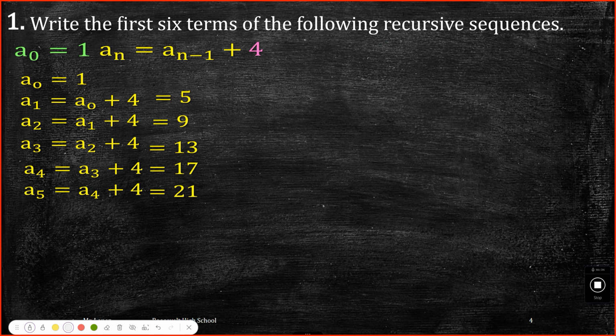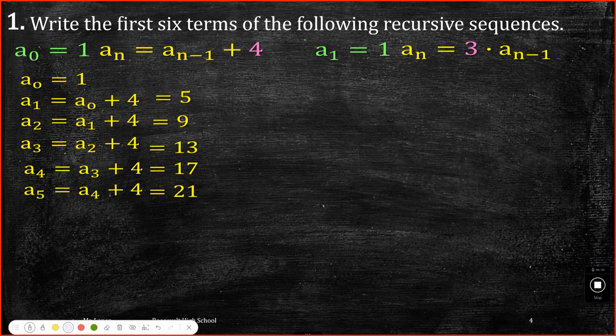Let's do one for this type. Let's do one for that type. All right. Is this one arithmetic or is this one geometric?